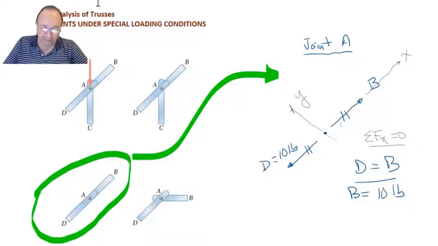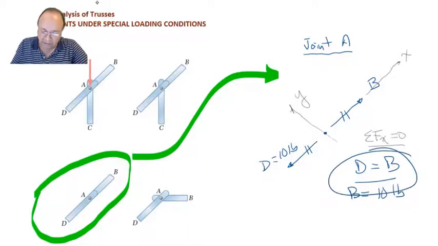Very simple case, but if you spot those kinds of joints in a truss, you can just write down this equation without further delay. Let's get rid of this one, go to the next one.